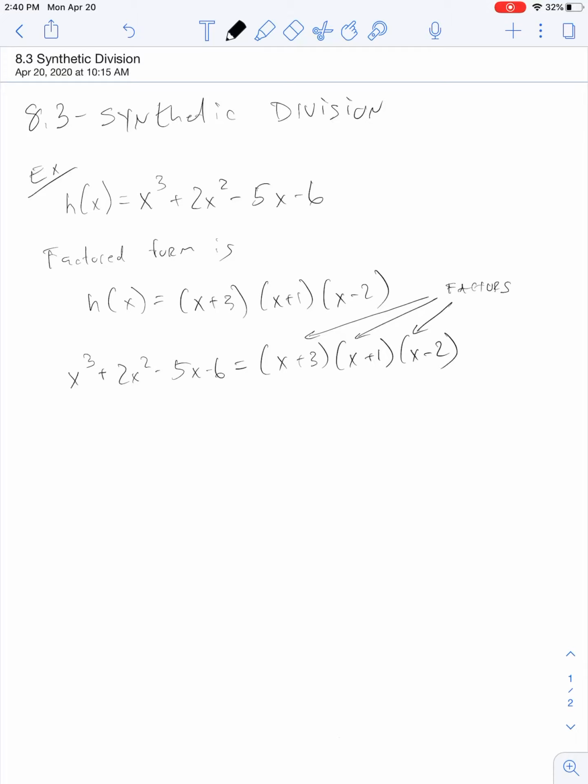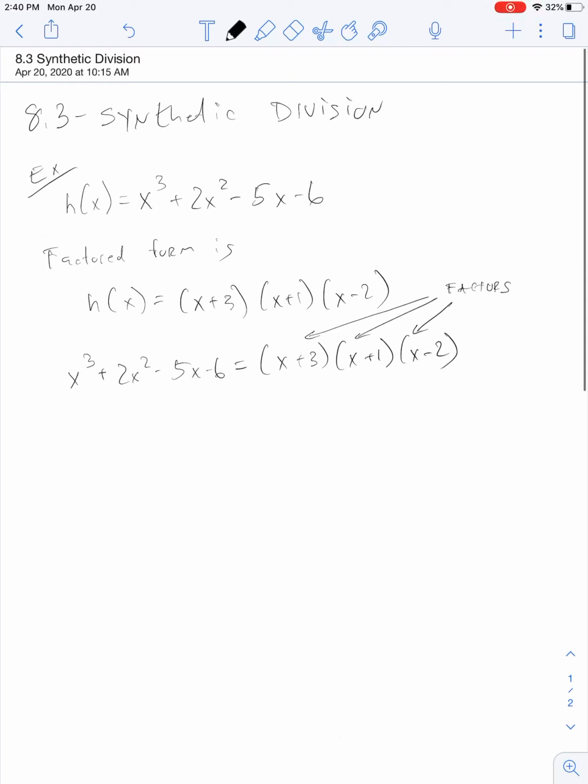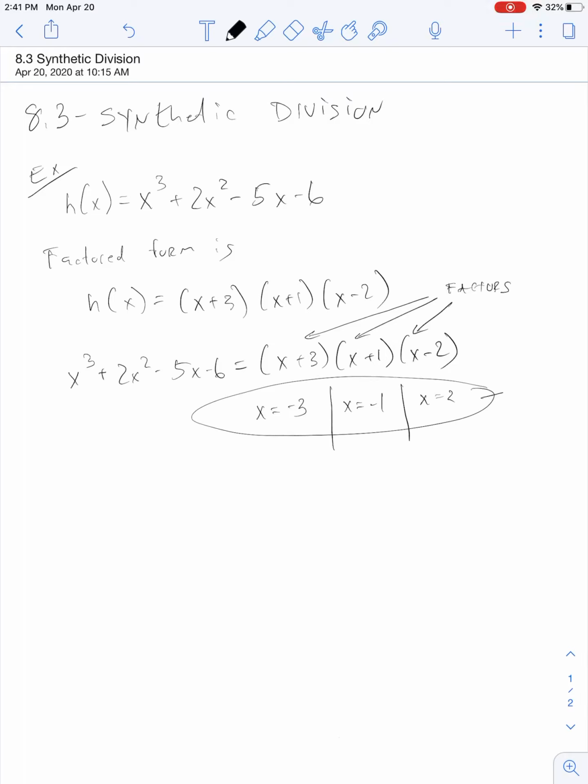Right, and then also what we can do is we can solve and find each zero, right? -3, -1, and 2. These right here are the zeros.